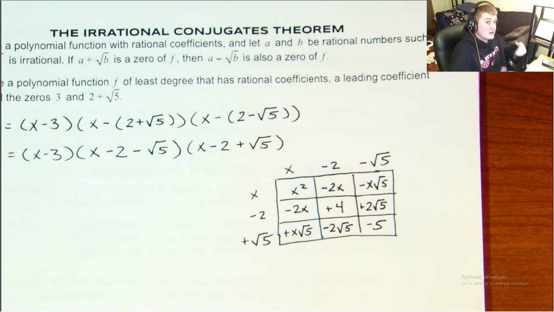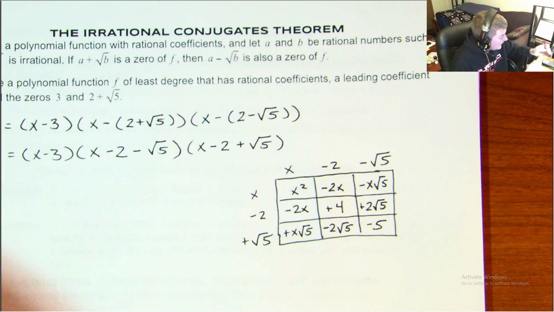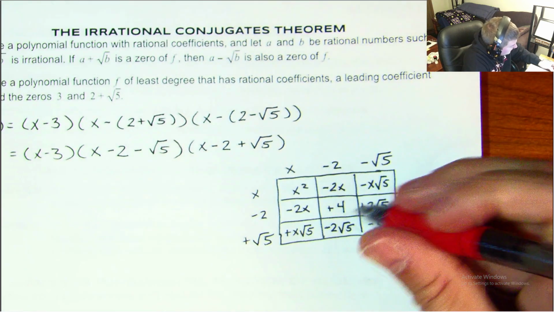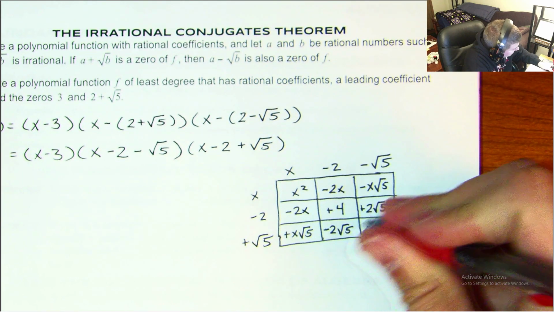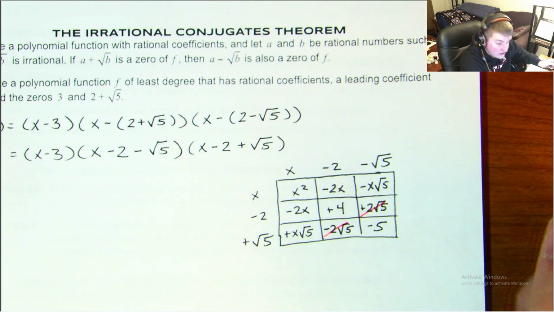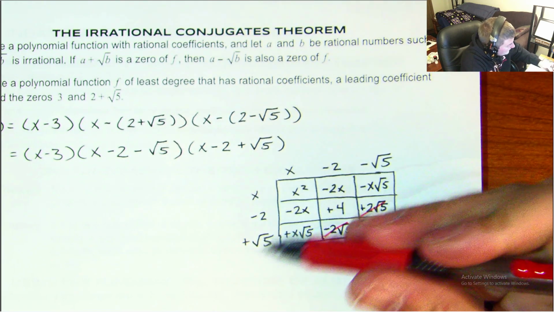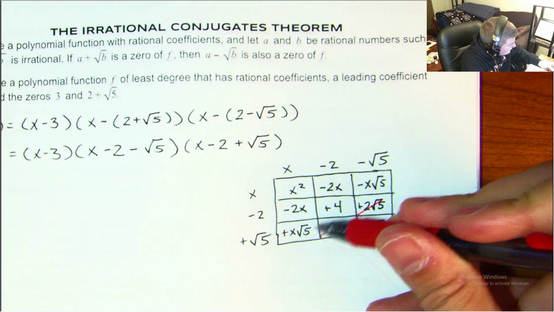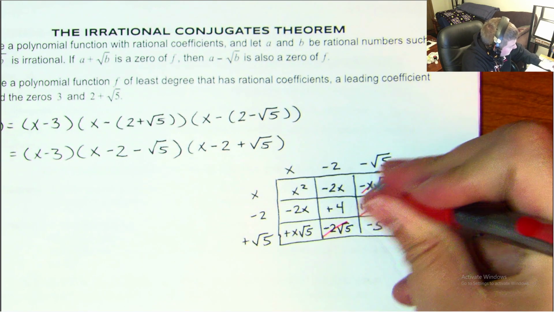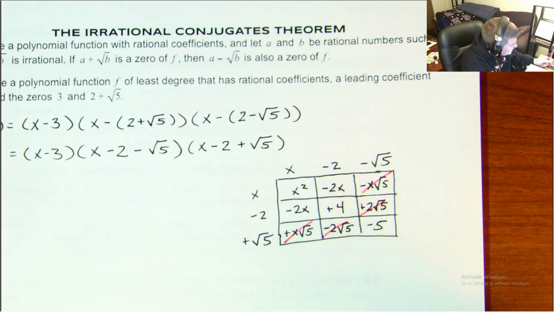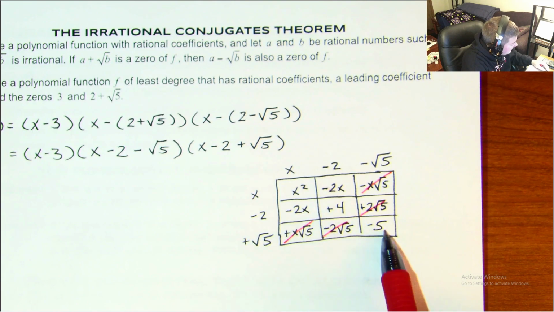Square root of 5 times square root of 5, square root of 25, is 5. Okay, here's the thing that's very, very awesome about when you're doing this work. Negative 2 times the square root of 5 and positive 2 times the square root of 5 are going to cancel each other out. The positive x times the square root of 5 and negative x times the square root of 5, those are going to cancel each other out. So we really are just left with these 5 cells.